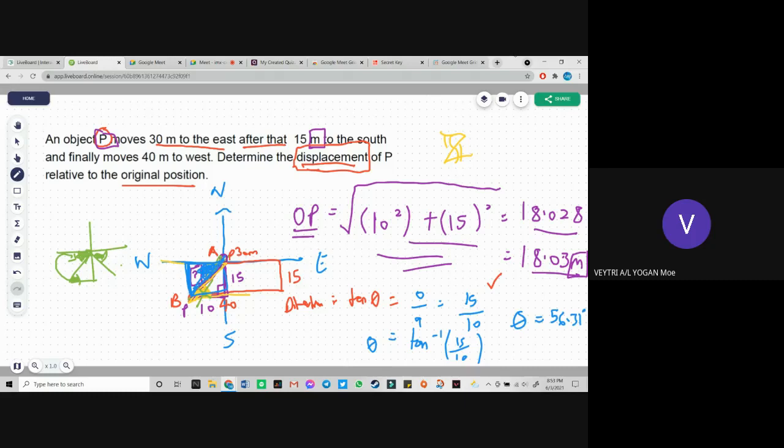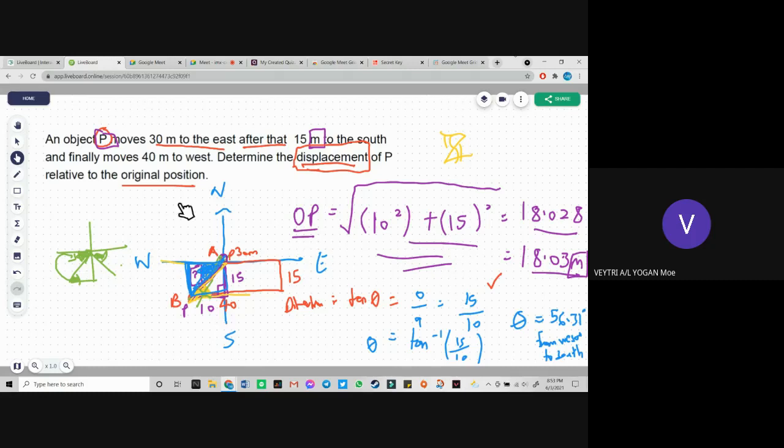So you must say 56.31 degrees from west to south. Why? From west, can you see the pointer over here? Okay, from west to south.